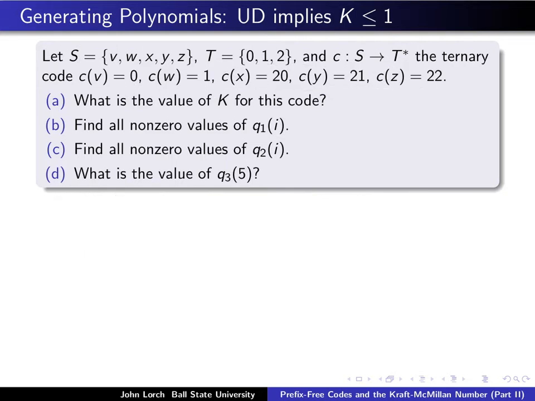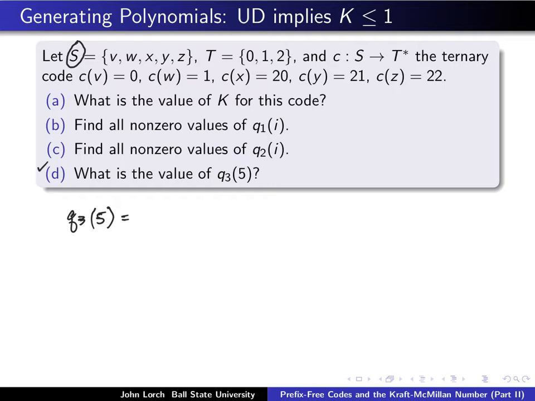Okay, now we address the final part of this example, and that is computing q sub 3 of 5. So q sub 3 of 5, again, what is it that we're counting? We are taking messages of length 3 from S star, like for instance WXY or WZX, and we're encoding all those messages of length 3. And then once we encode them, we want to count all of those encoded messages that are of length 5.